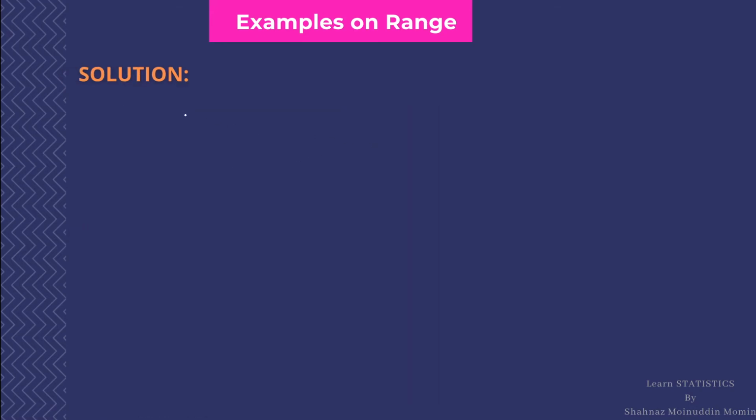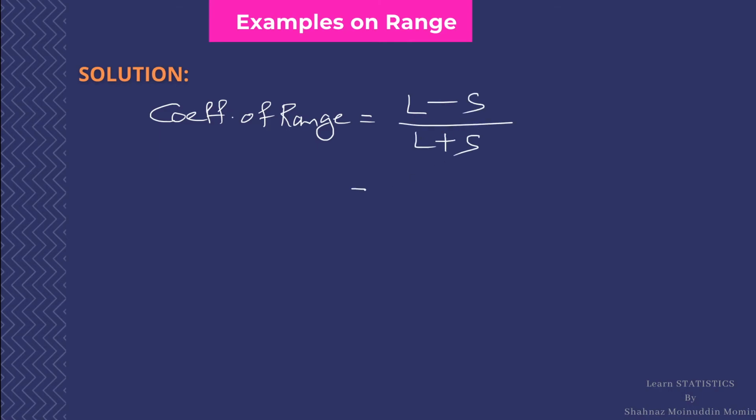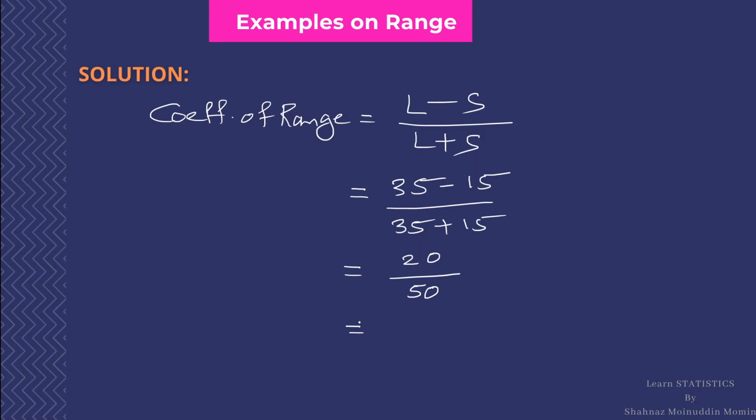Now coefficient of range is given by L minus S divided by L plus S. Substitute the corresponding values of L and S. We get 35 minus 15 divided by 35 plus 15, which is equal to 20 divided by 50, that is equal to 0.4.